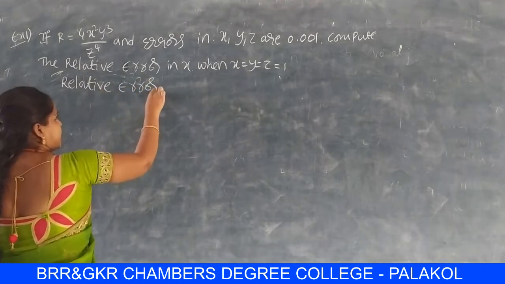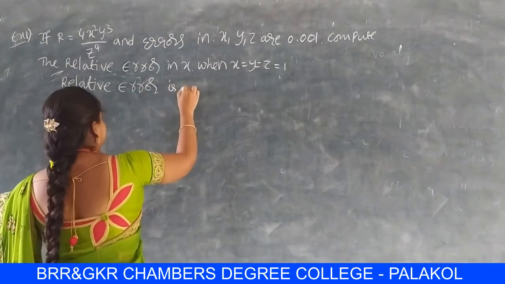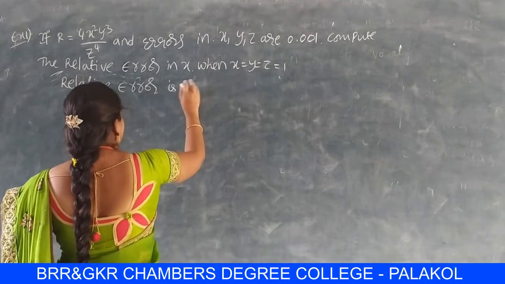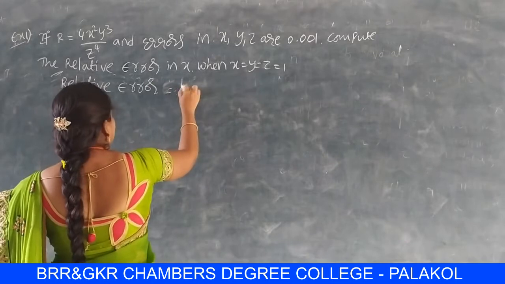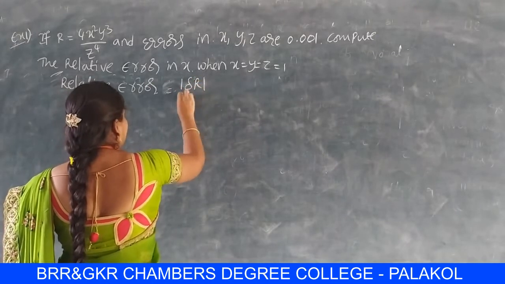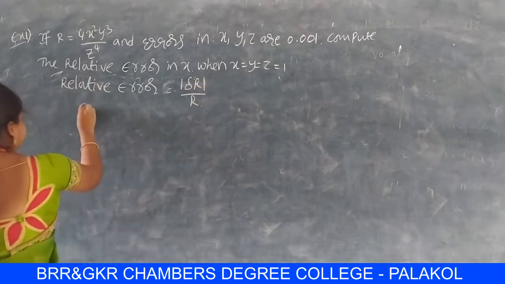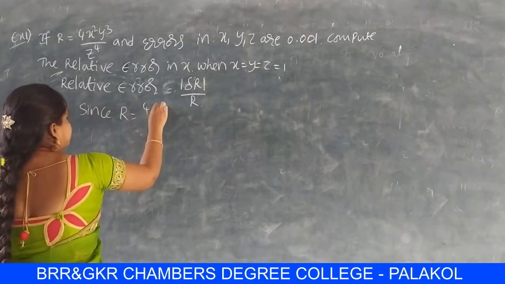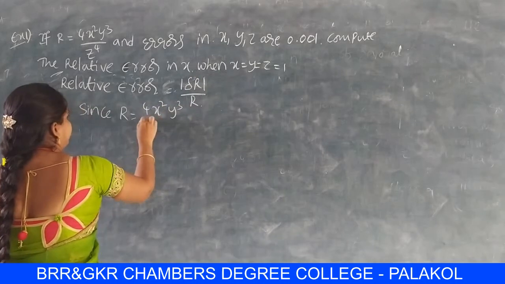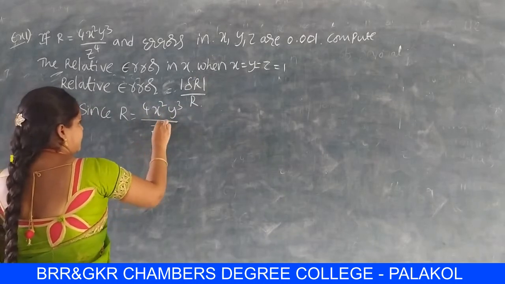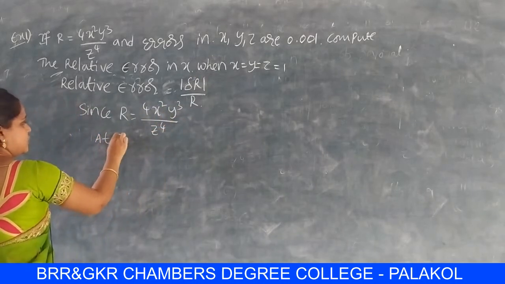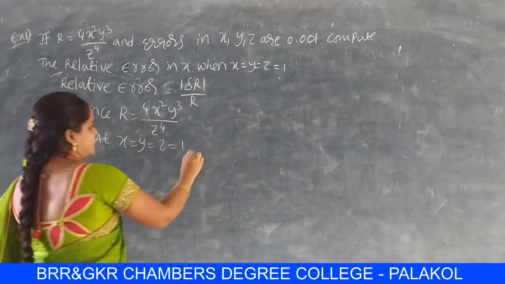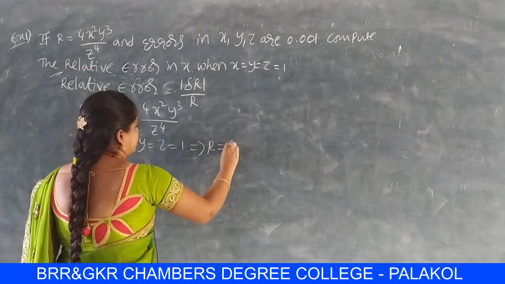Relative error is modulus of delta r by r. Since capital R is equal to 4x square y cube by z to the power of 4, at x is equal to y is equal to z is equal to 1, capital R is equal to 4.